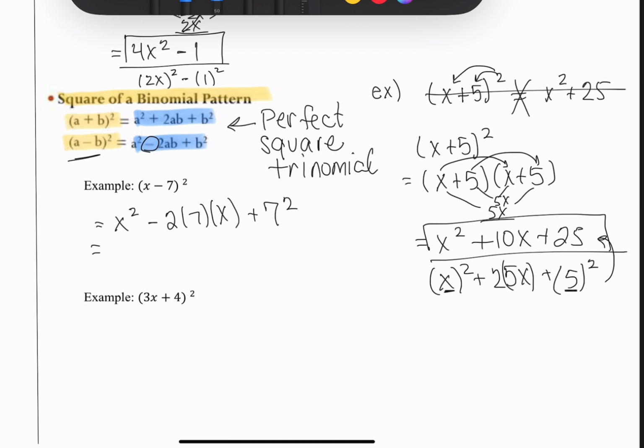Practice it as much as you need. So our final trinomial is x squared minus 14x plus 49. Notice the middle term came from taking each term in the binomial, multiplying them together, and then doubling it. So there you have it, a perfect square trinomial.